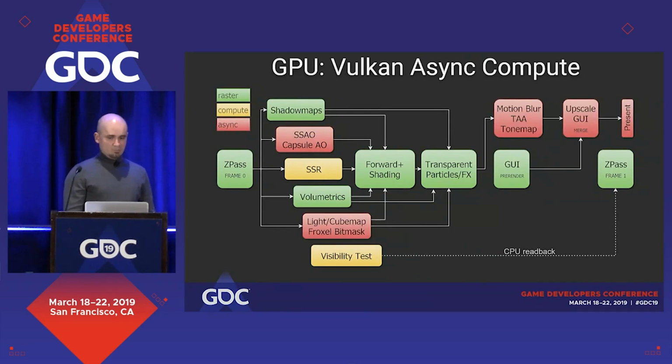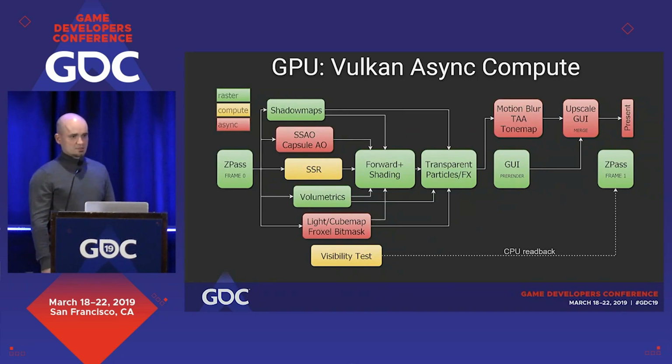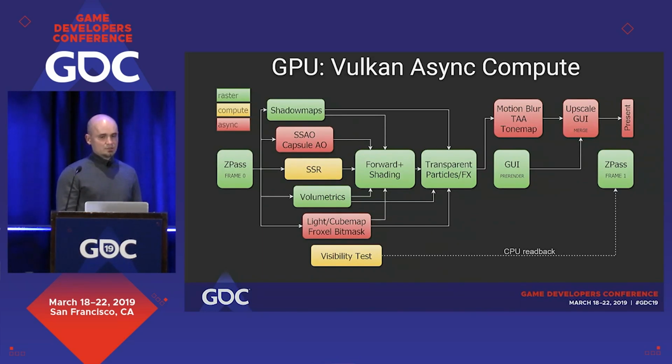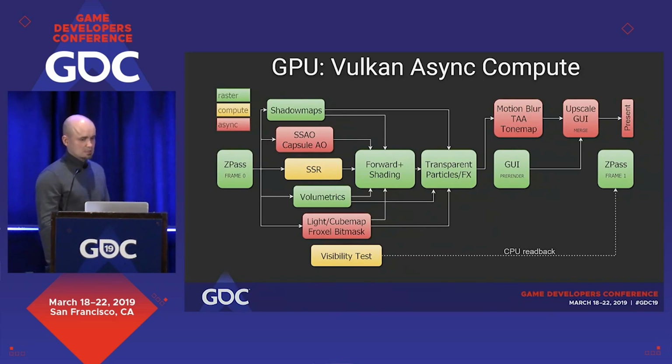We have a couple of heavy rasterization-bound steps in our pipeline. That's Z-pass and shadow map rendering. And with the Vulkan API, it is possible to better utilize compute units during these stages using the async compute queue. So we are interleaving all occlusion and Froxel mask computations with shadow maps. But Z-pass utilization wasn't so obvious.